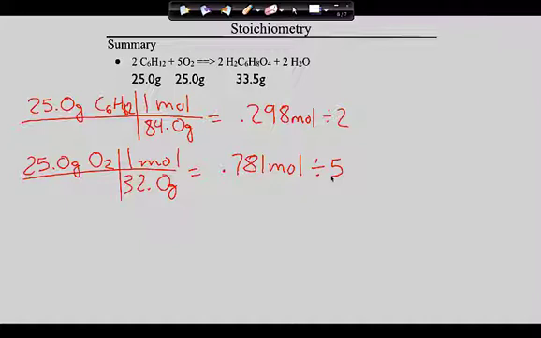So, doing the math, 0.298 divided by 2 is 0.149, and then 0.781 divided by 5 is 0.156. Now the smallest number is the limiting reactant, and guys, remember, you've got to write a statement that says the limiting reactant is cyclohexane.